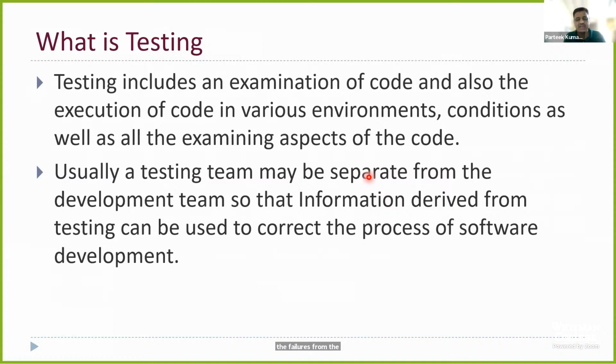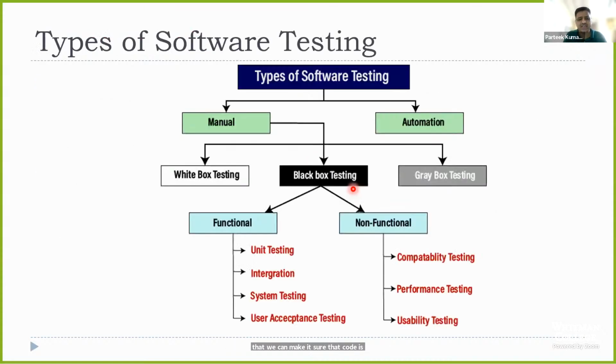We are here to detect the bugs in our software, and our purpose is to ensure that the software will work accurately in all of those conditions. Testing includes examination of code. It also includes execution of the code under various environments so that we can make sure the code is working properly.